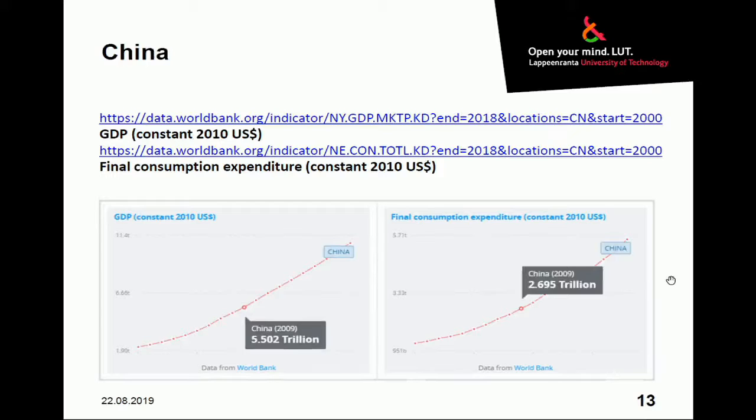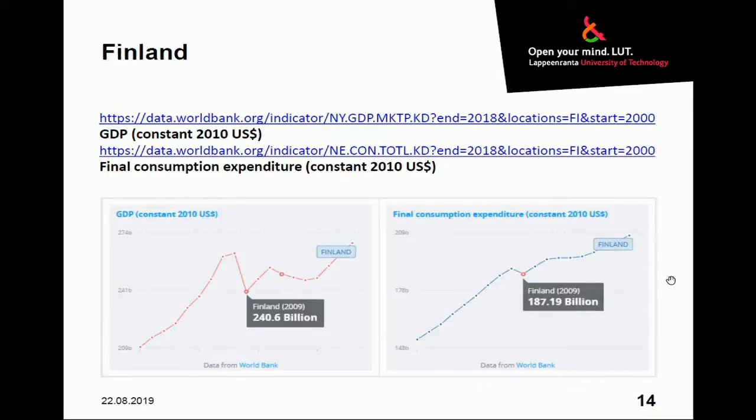I must say that the data presented here are in constant 2008 prices in US dollars on all the pictures. The second set of countries is Finland, with some peculiarities connected with the world crisis, first of all, and the war of sanctions.